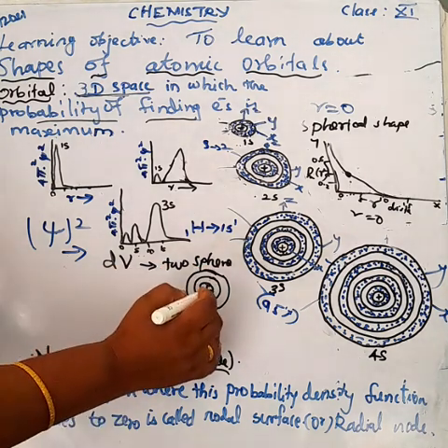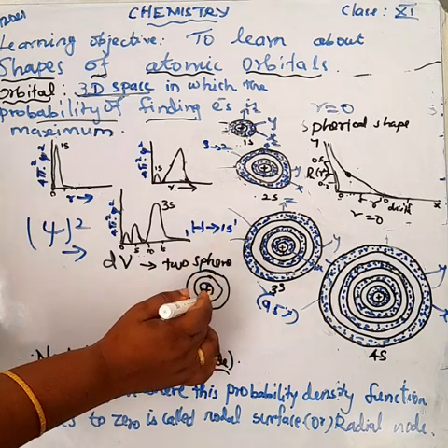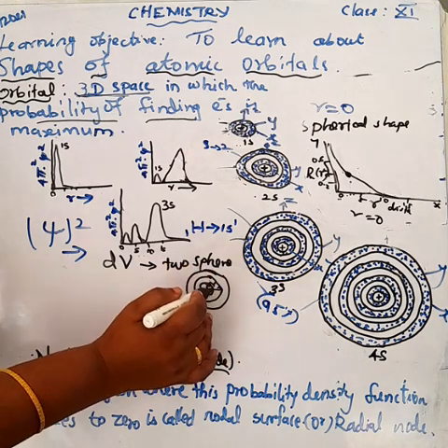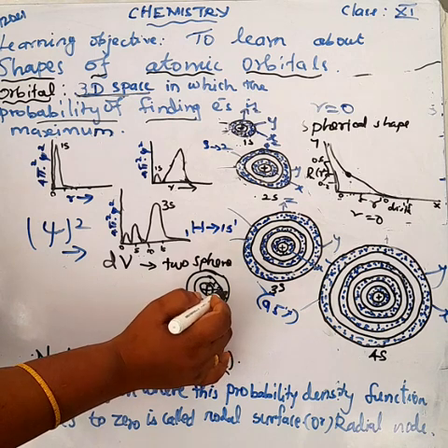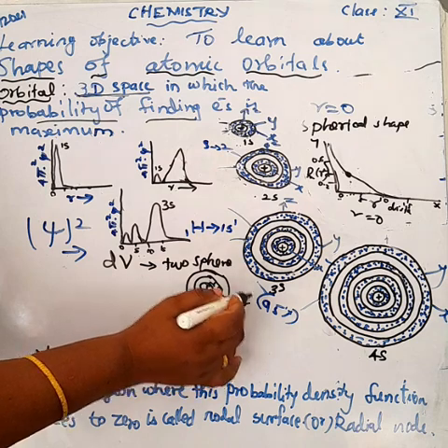Here r means the distance from the nucleus, the most probable electron position, and this small thickness is dr that we are taking.